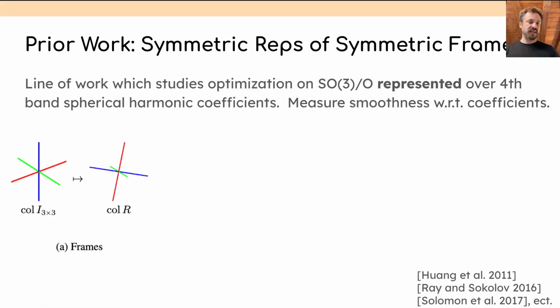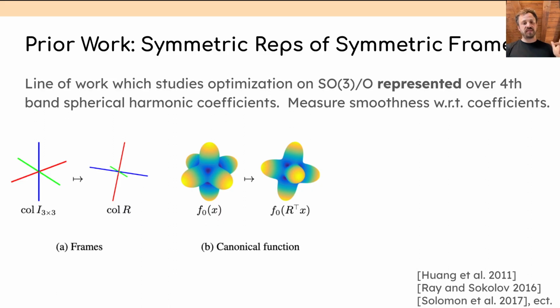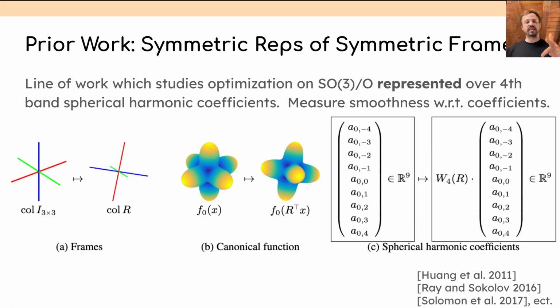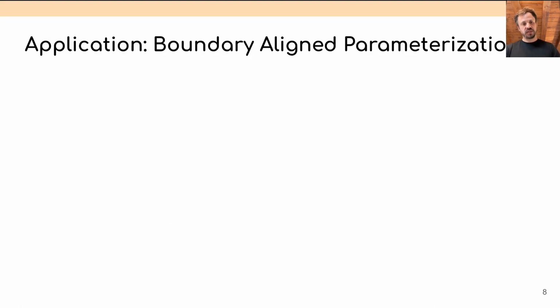But the basic idea is that you can take some canonical octahedral frame and consider rotations of it, and then you can represent it in the fourth band of spherical harmonics. It turns out that there's a way to rotate these elements of spherical harmonics, and then our notion of smoothness is just an inner product between these vectors in R9 of these coefficients of spherical harmonics.